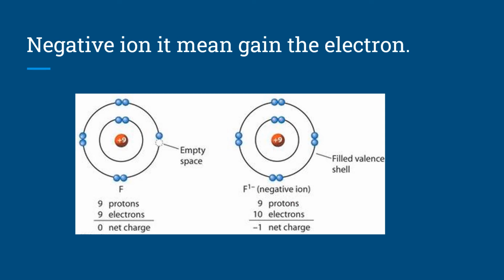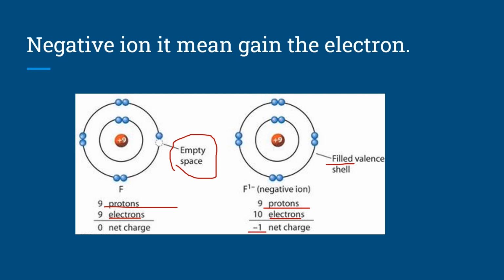Let's do this one here. For fluorine, we have 2, 4, 6, 8, 9 protons and 9 electrons. We said we can get this from the atomic number. So we have one empty space here. When fluorine gains one electron to fill the valence level, it will become 9 protons and 10 electrons. Protons are positive, electrons are negative, so the net charge is -1.